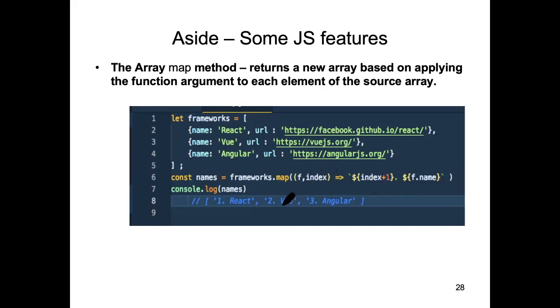I'm assuming now that you are familiar with this. So I'm just showing you here what the names array should contain after this is executed. But the key thing is to make sure you're comfortable using map, because we're going to be using map quite a lot actually.